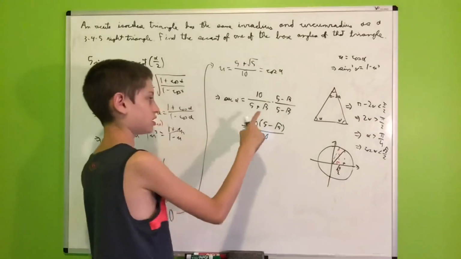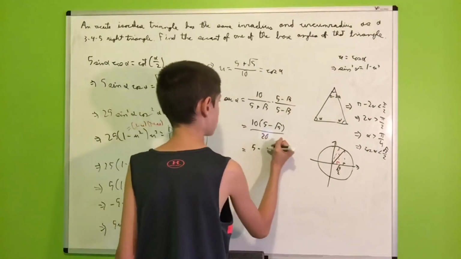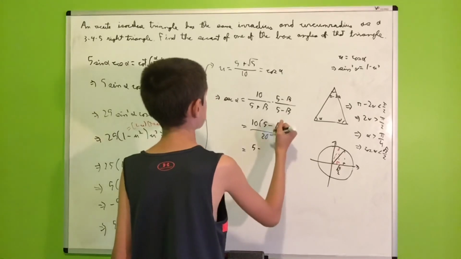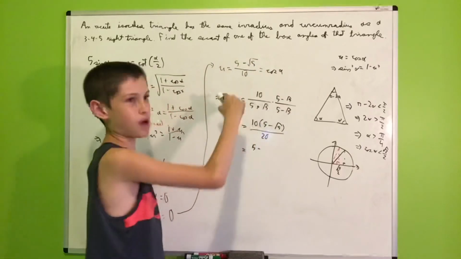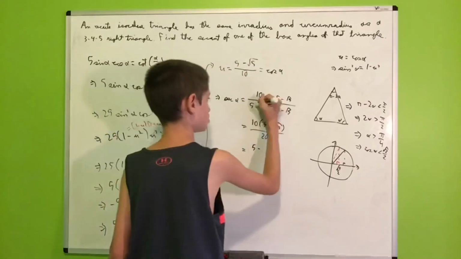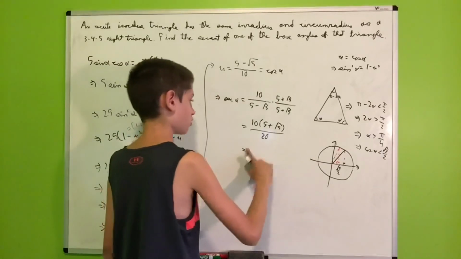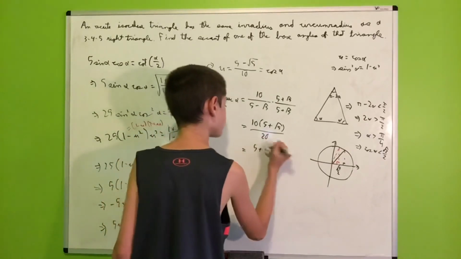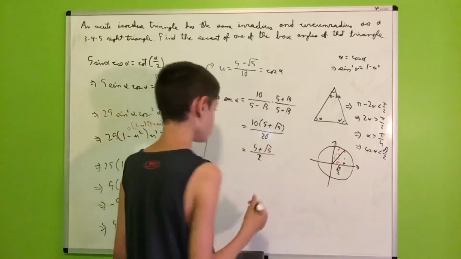But then 10 over 20 is simply 1/2. Wait, oh yeah, sorry, I wrote a plus. I meant it to be a minus, so this will be plus like this. So this will be 5 plus the square root of 5 all over 2.